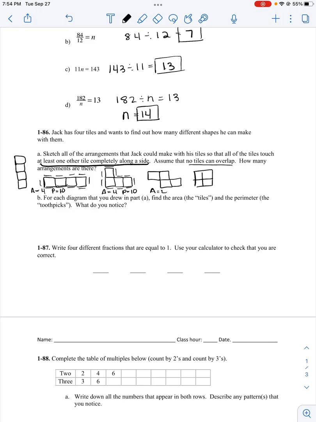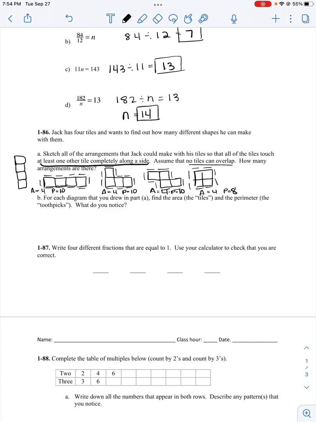My area is 4. I have 10. My area here is 4. And I have 1, 2, 3, 4, 5, 6, 7, 8 as my perimeter.